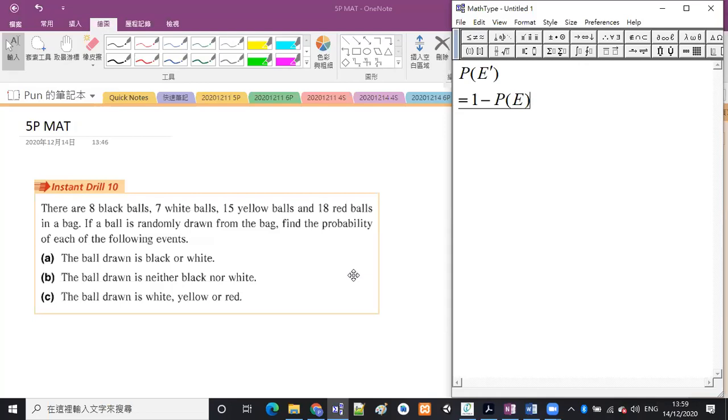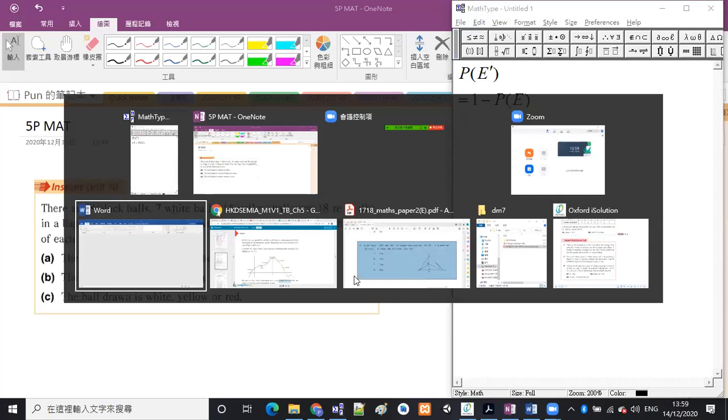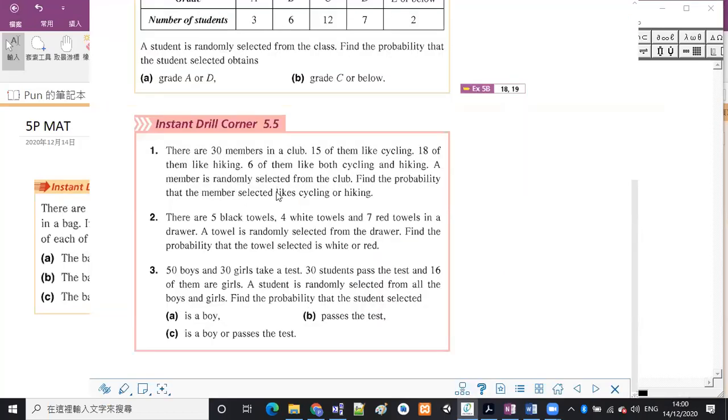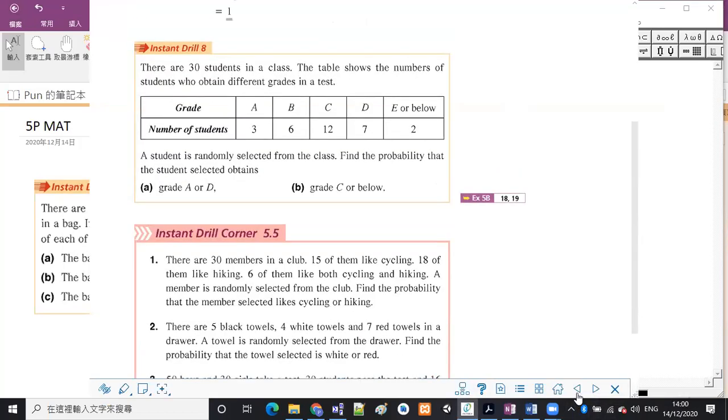Last Friday we stopped at example number 10, and today let's go back to instant drill number 10.